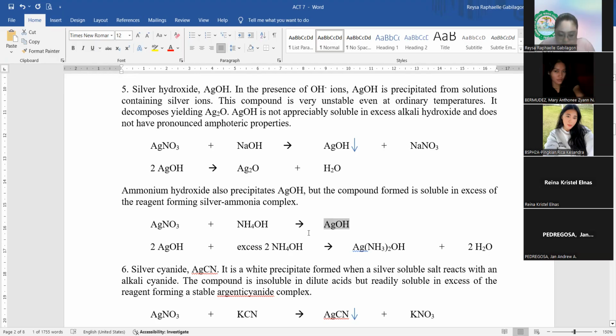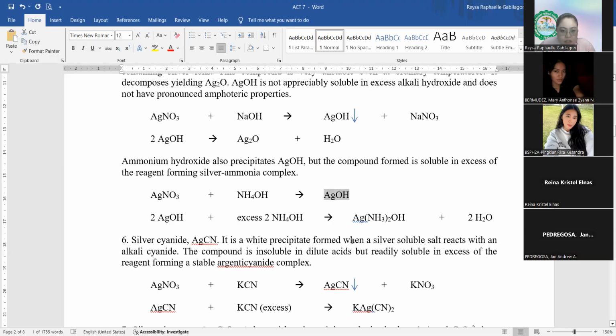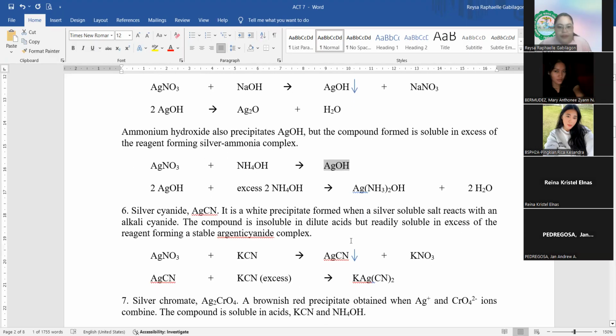So, you will still get silver hydroxide in 2-3 and then in 2-4. And we will get the same precipitate, silver hydroxide, which is brown in color. But if the reagent is in excess, there is a column there for solubility in excess ammonium hydroxide.